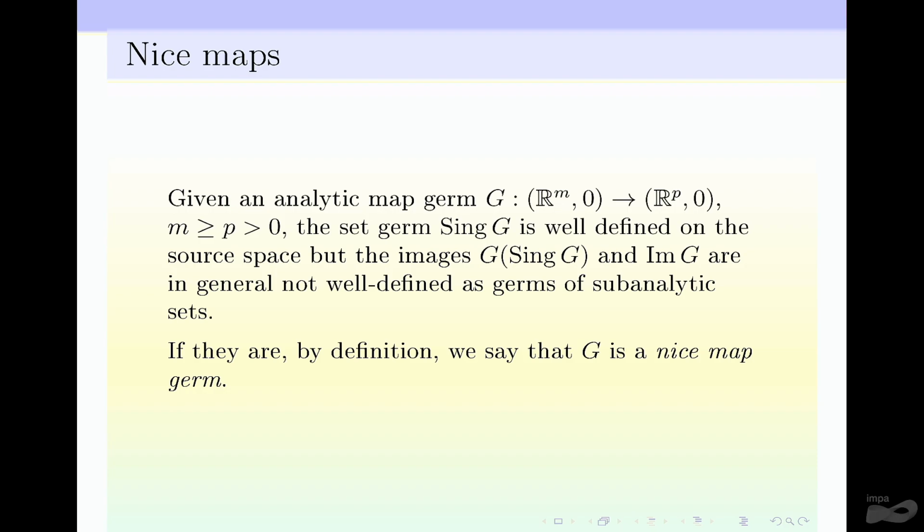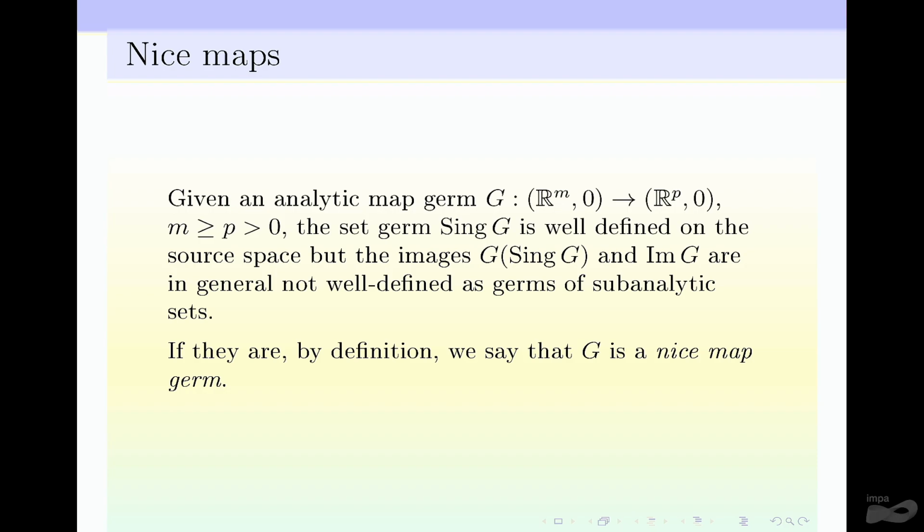I'm not sure if I was successful, but anyway, if you start with an analytic mapping, the singular set has a well-defined germ of set, but it is known that the canonical discriminant set, canonical in the sense that several people have used in such a definition, and also the image of your mapping, may not be well defined as a germ of set.